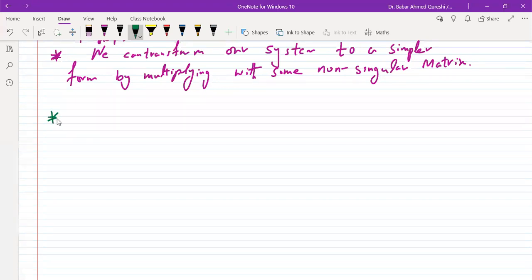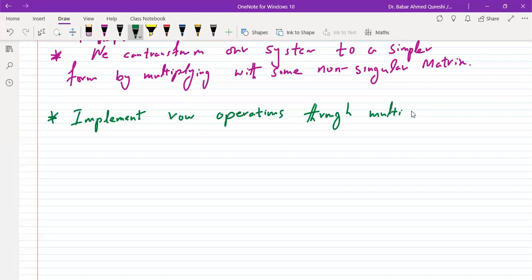So this is the main idea. We know how row operations work and how we can simplify a matrix using them, but this time we will implement row operations through multiplying with some matrices.